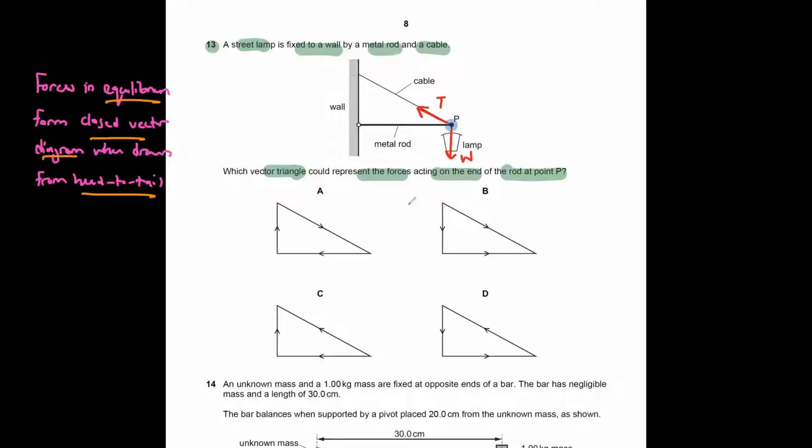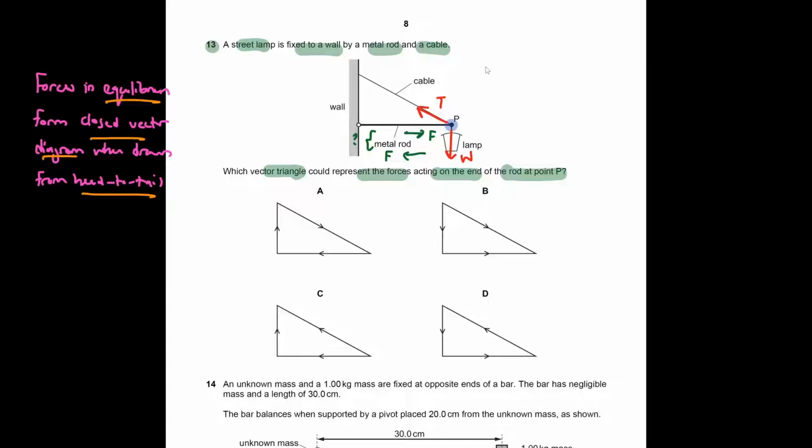So here they again ask you to identify another unknown force acting on the rod at point P. Is it going to be a force in this direction or a force in this direction? That's the issue here. Should it be pointing towards the right or should it be pointing towards the left?